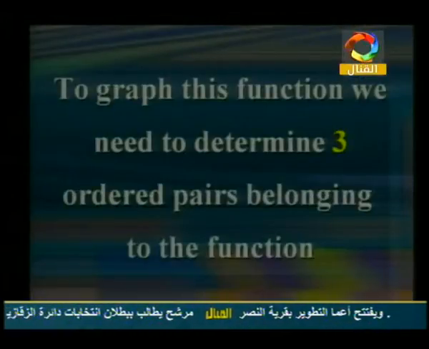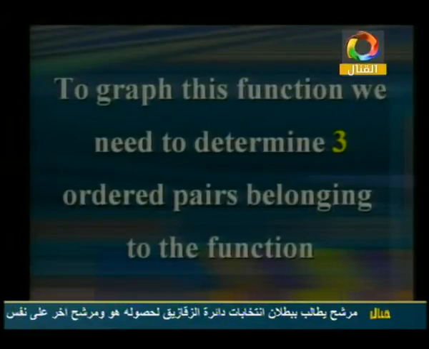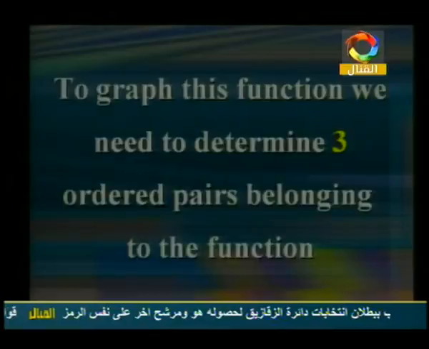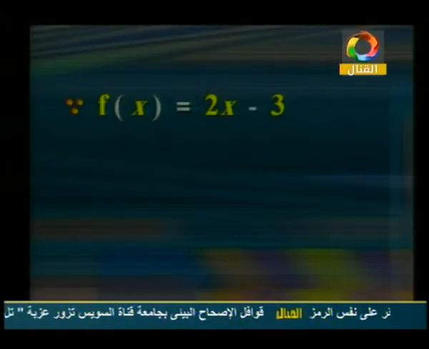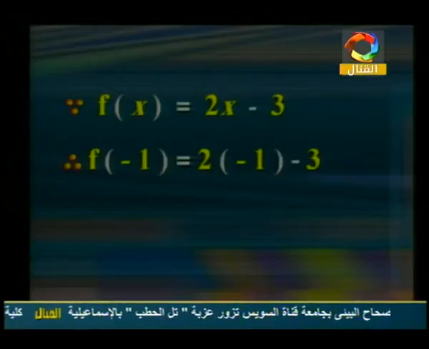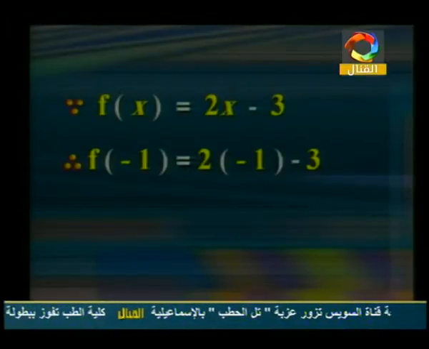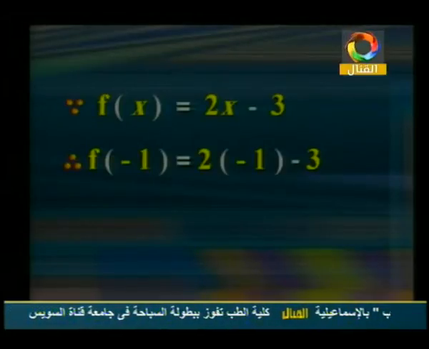To graph this function, we need to determine 3 ordered pairs belonging to the function. Since f of x equals 2x minus 3, then f of negative 1 equals 2 times negative 1 minus 3.